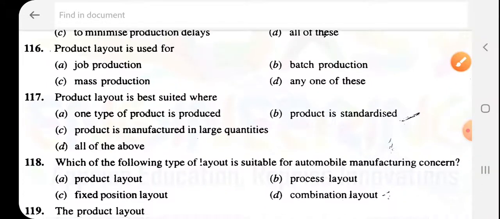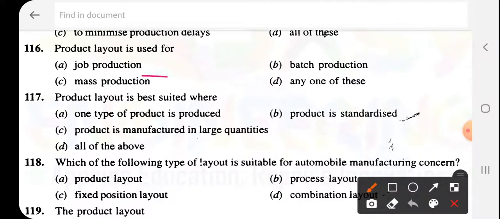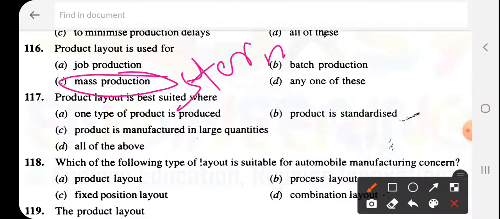Next, product layout is used for mass production. Suppose you want to manufacture one product, like the steamer machine nowadays, that will be manufactured in mass production.